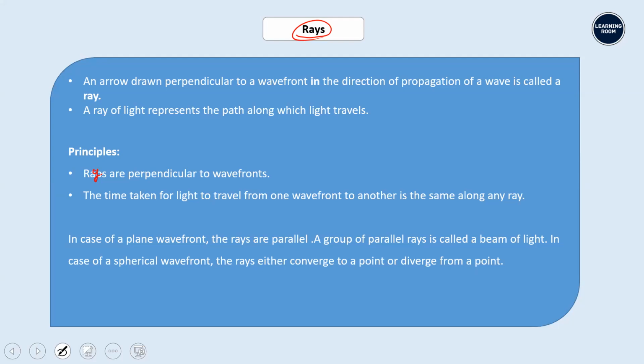And the second important point is the time taken for light, I repeat, the time taken for light to travel from one wavefront to another is going to be the same along any ray. I'll explain this point. Listen to this carefully. Suppose there is a point source. These are the two concentric spheres.